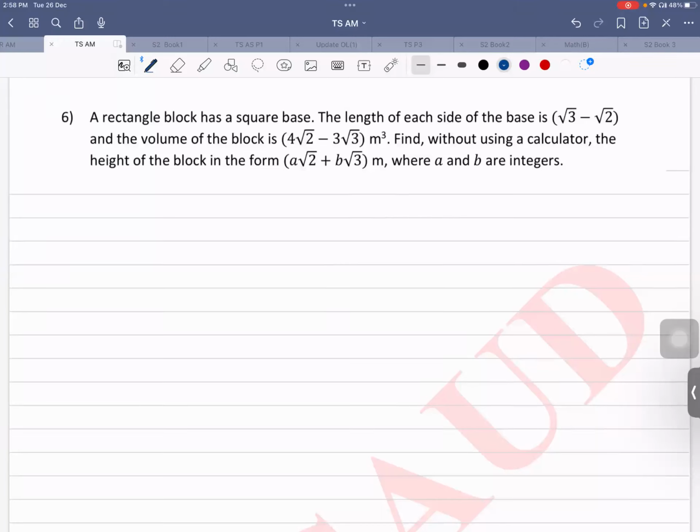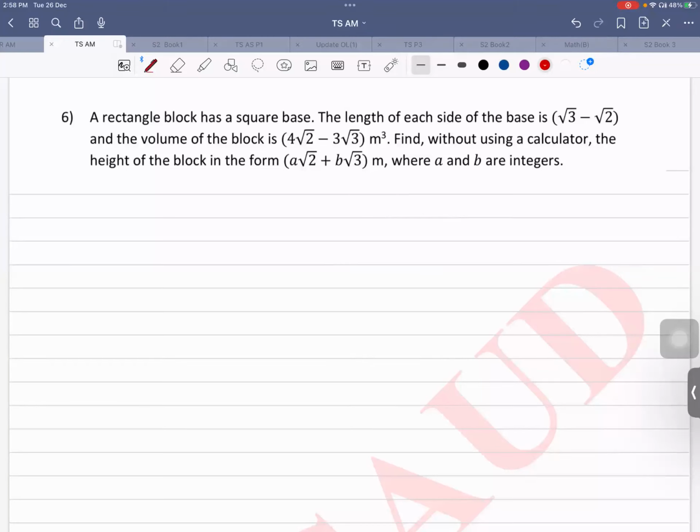What is the meaning of square base? The side that is touching the ground is a square. Okay. In order to solve this question, which formula are we going to use? We should use the volume formula.